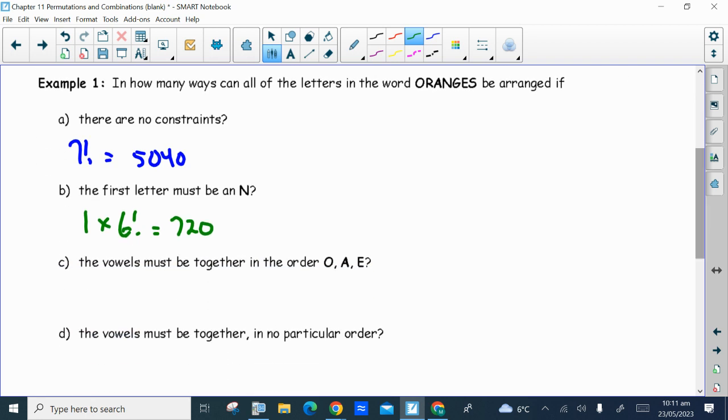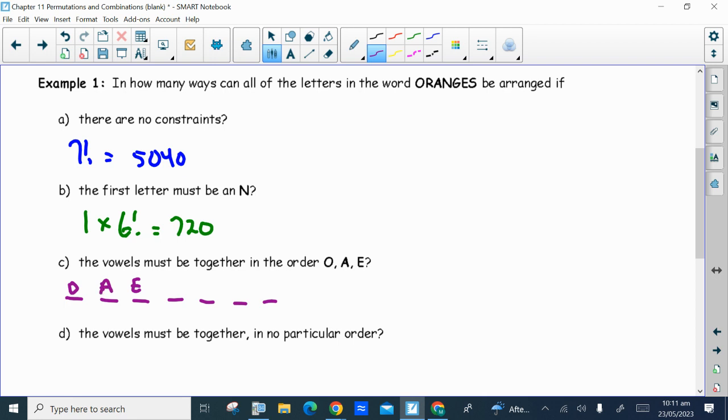What if the vowels must be together in the order O first, A second, E third? So when objects have to be grouped together, here's how we do this. We'll mark down our 7 spaces. The O, A, and E in that order must stay together.